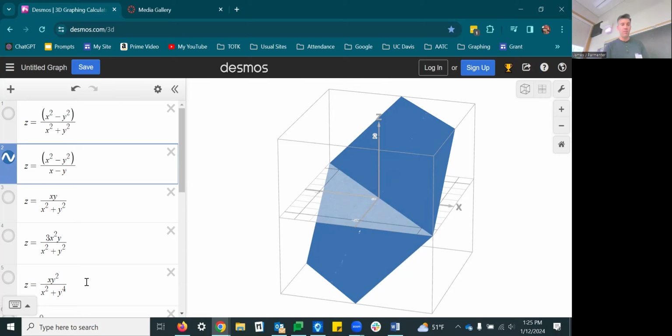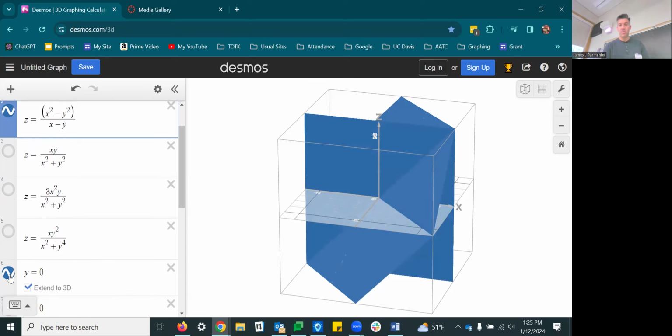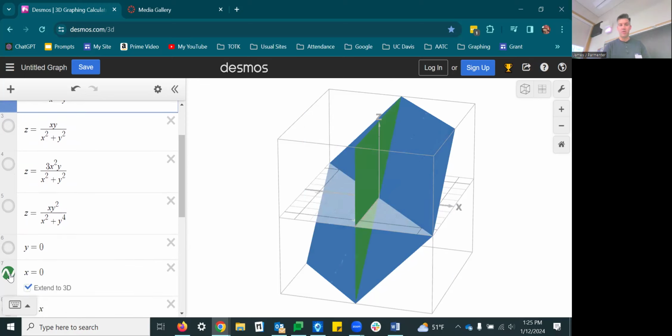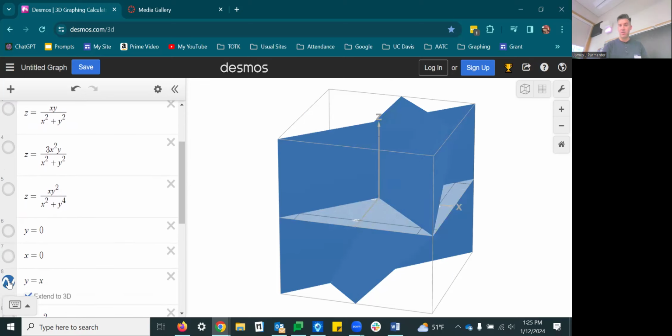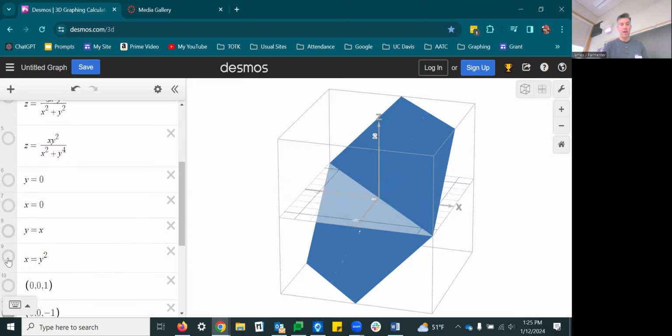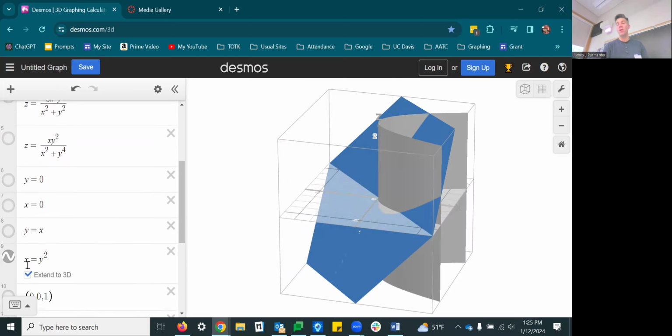It doesn't matter if you come at it from the y equals 0 direction, or the x equals 0 direction, or the y equals x direction, or the x equals y squared direction. All of those surfaces, when they intersect each other in this curve, are going to be going through the point 0, 0, 0. So the limit as x, y approaches 0, 0 is the z value also being 0. Neat.